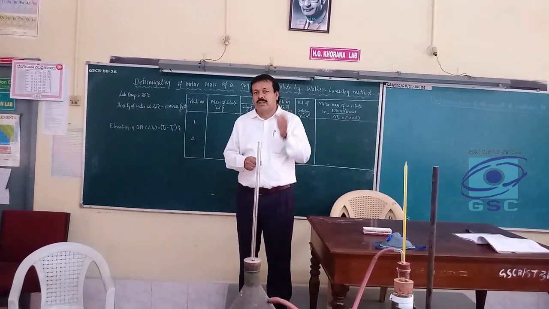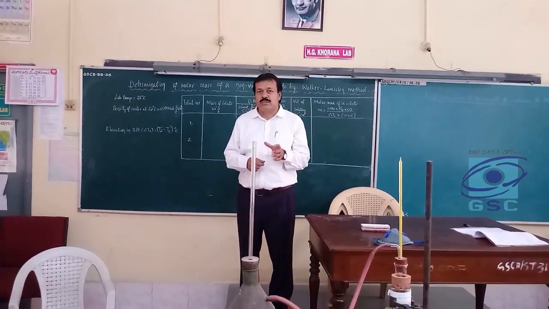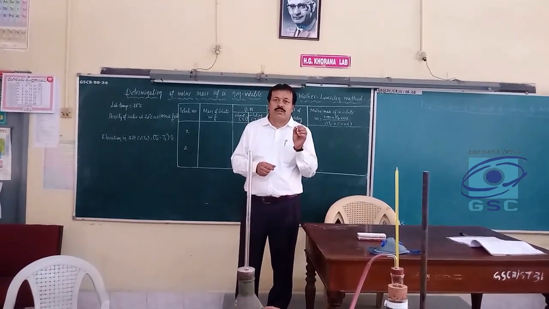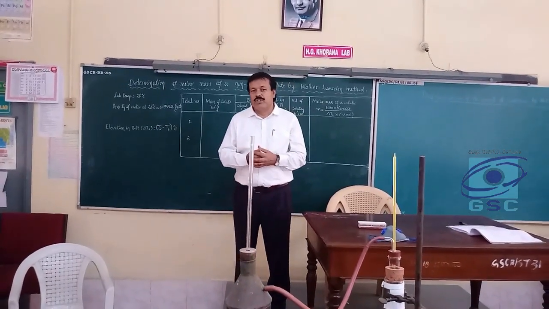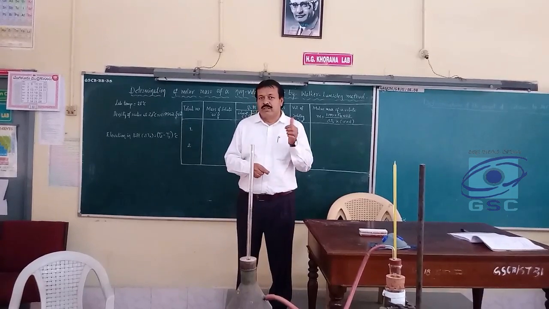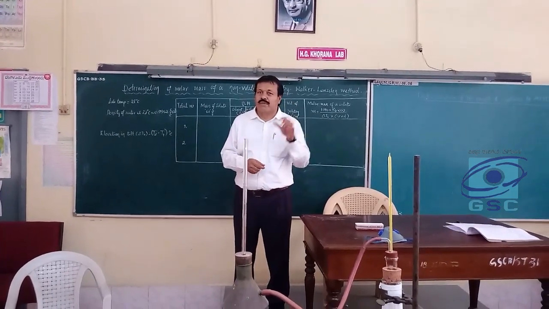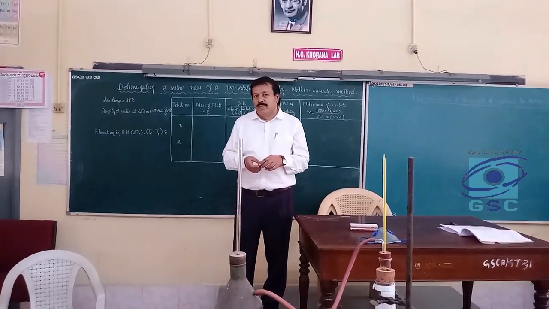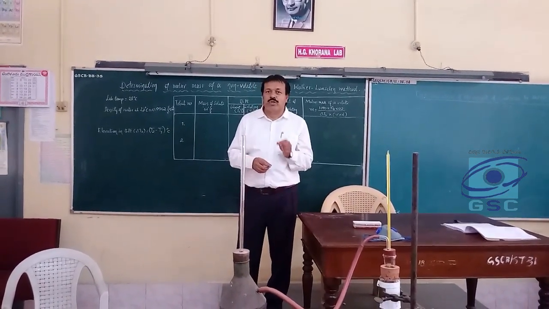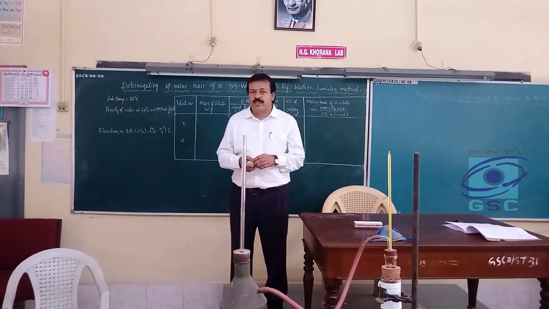So as you know, the vapor pressure of two systems, solvent and solution. The vapor pressure in case of solvent is greater than the vapor pressure of solution, because the solvent molecules are much more free in case of solvent when compared to solution. Therefore the vapor pressure of the solvent is found to be greater than the vapor pressure of the solution.